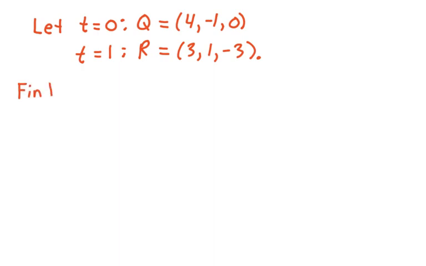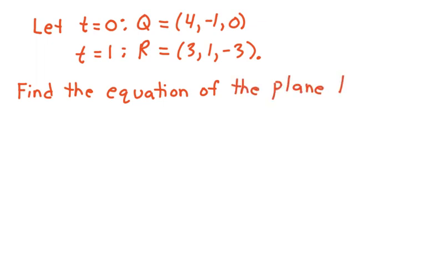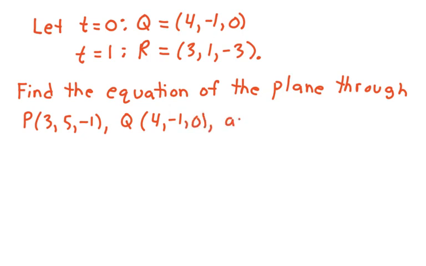So we want the equation of the plane through P, which is the point 3, 5, negative 1, Q, which is the point 4, negative 1, 0, and R, which is the point 3, 1, negative 3.